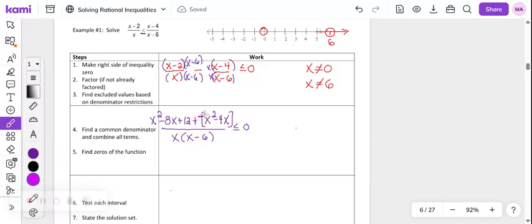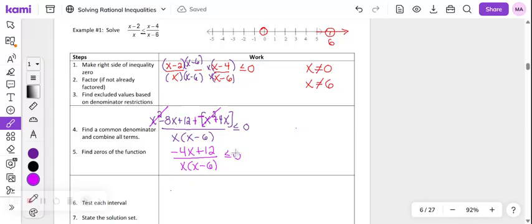So we get plus a negative and a positive right there. Now let's combine our like terms. x squared minus x squared, they cancel out. That's good news. Negative 8x plus 4x gives us negative 4x, plus 12, and our denominator remains x times (x-6).